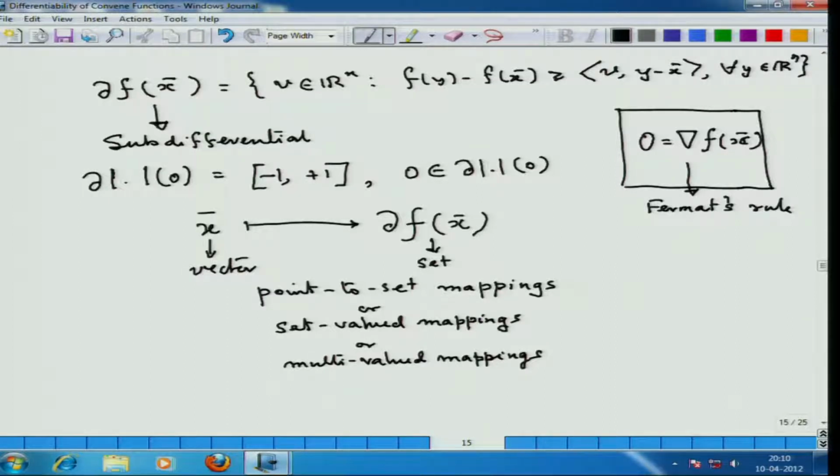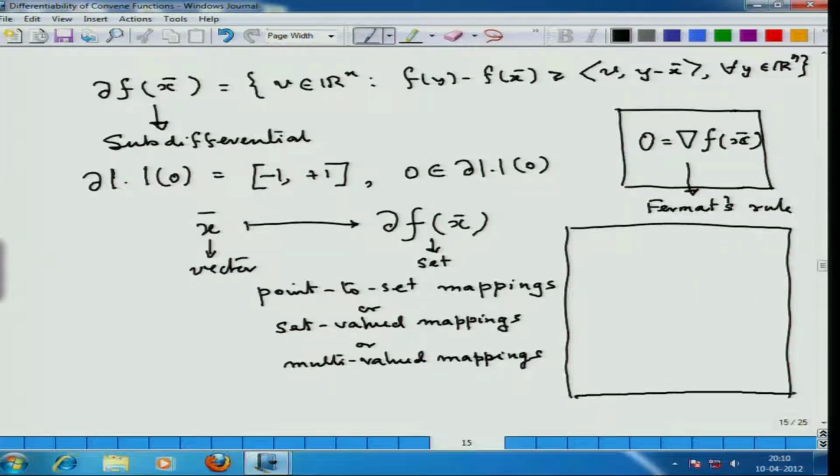So, you now see the optimality condition changes. The necessary and sufficient optimality condition is the following.